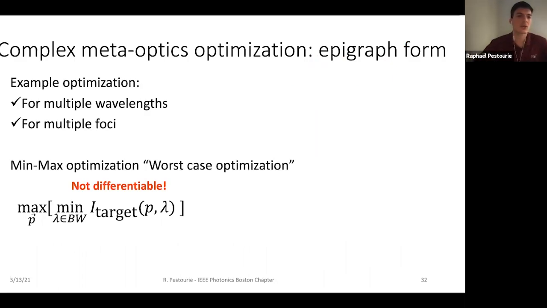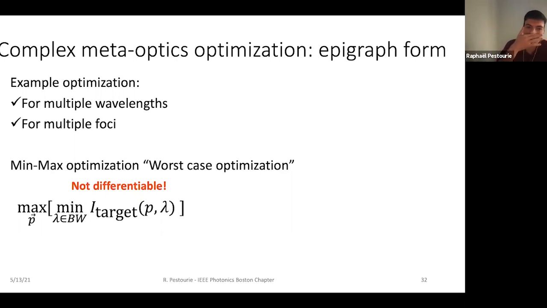And we're talking about complex meta-optics optimization. And so it means that you have constraints for multiple wavelengths or multiple target points. And so often you want to do a type of robust optimization, which is called worst-case optimization. So you want to find the parameterization, so all the parameters, that maximize a minimum intensity, for a bandwidth, for example.